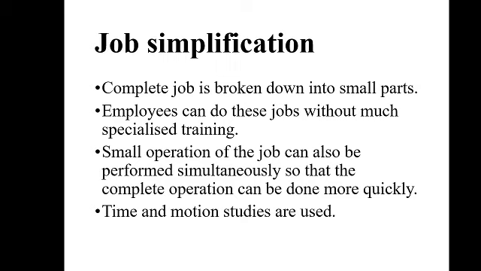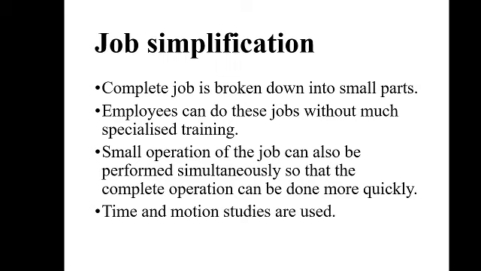In job simplification, what will happen? We can't allot the complete or whole job to the employees. The complete job is broken down into small parts, and employees can do these jobs without much specialized training. A small part of the job is allotted to individual employees.